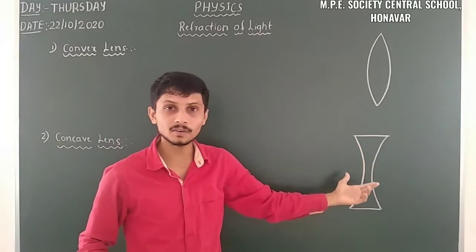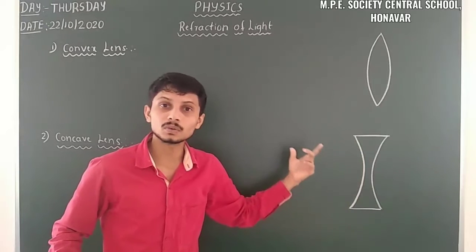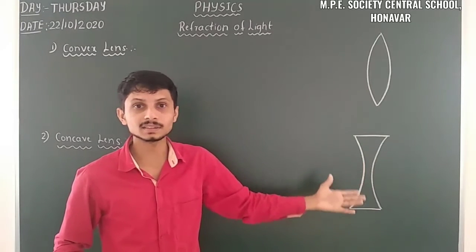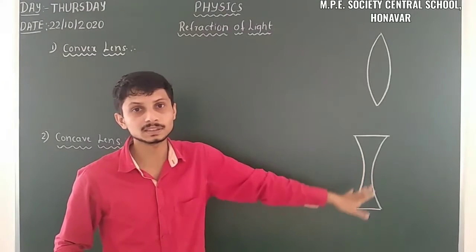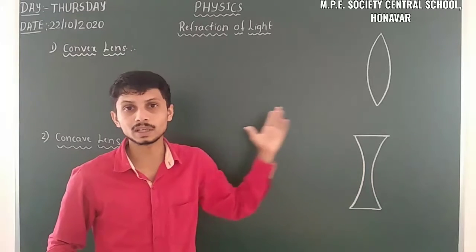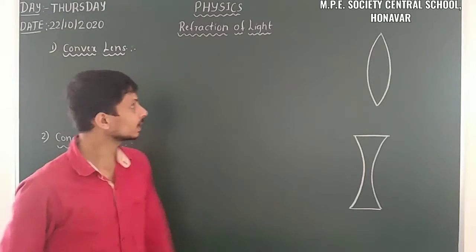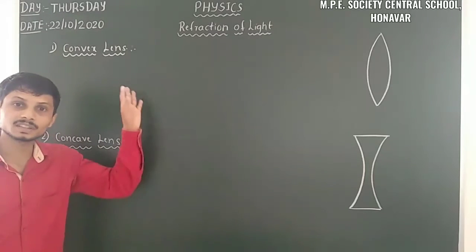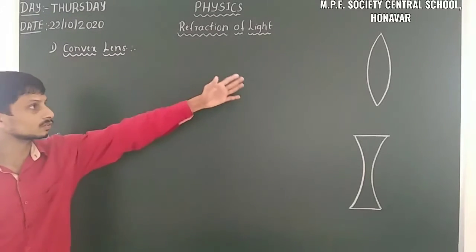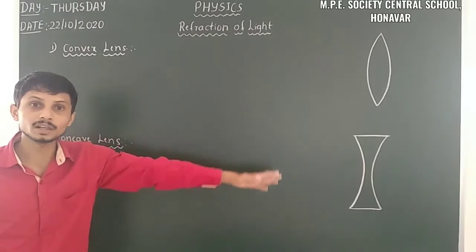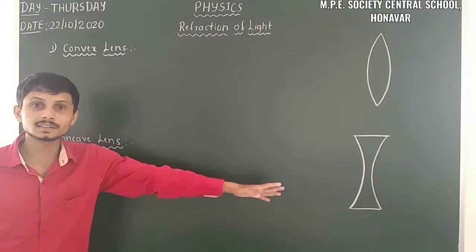And when one of the surfaces of a lens is curved inward, we can take it as a concave lens. Let us take the definitions. The convex lens is bulging outward and the concave lens is curved inward.